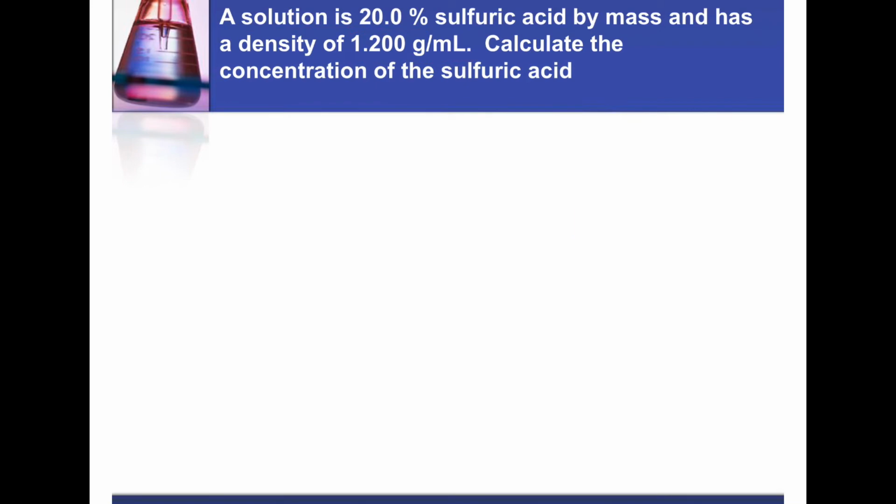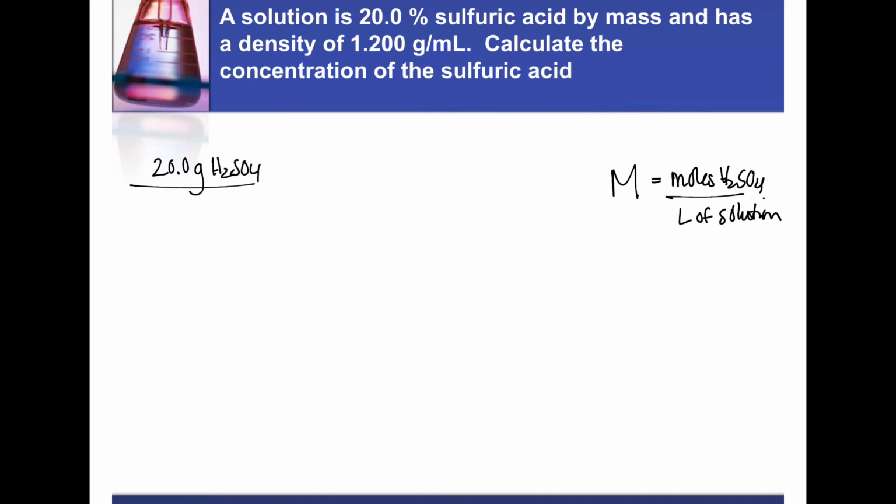All right. So we're trying to get to molarity. So that's moles of sulfuric acid divided by liters of solution. And I have 20 grams of sulfuric acid per 100 grams of solution, and 1.200 grams of solution per milliliter of solution.